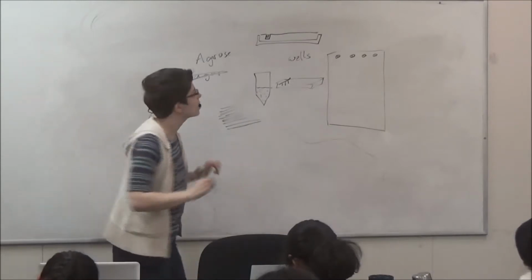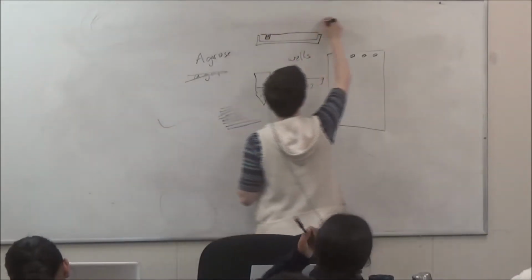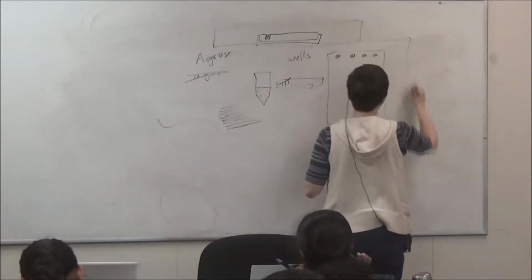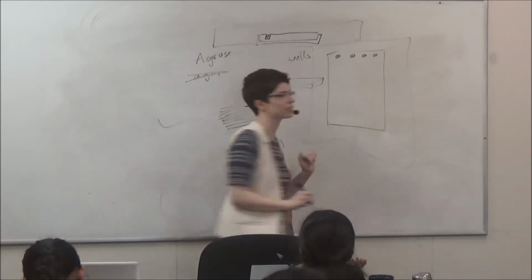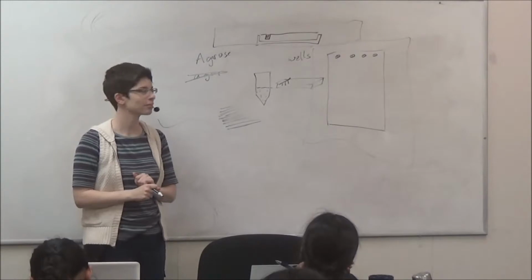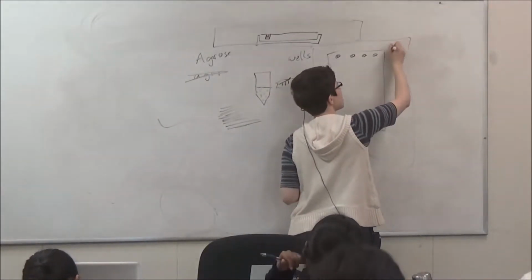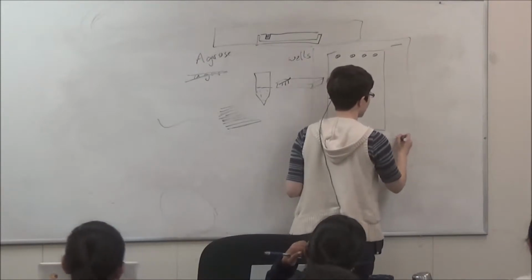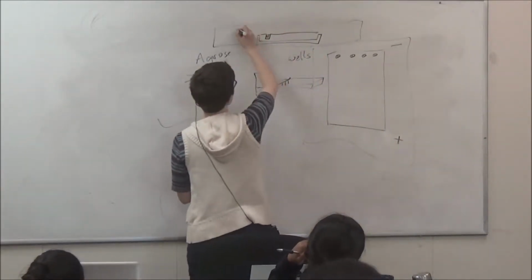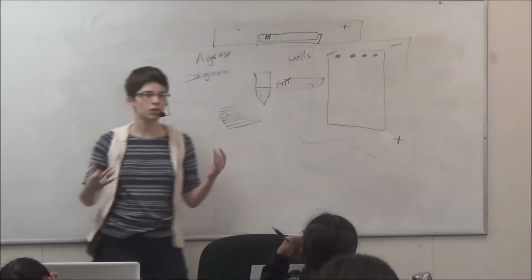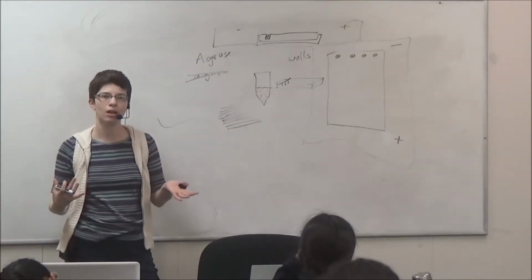And then the gel itself, you're going to put it into a salty bath, a bath of salty water. And you're going to run electricity so that this is negatively charged and this is positively charged. Here's your negative charge, here's your positive charge, through that salty water, because salty water conducts electricity well.